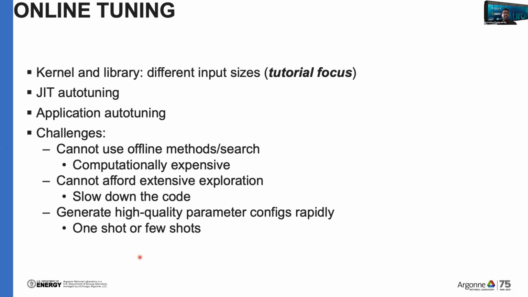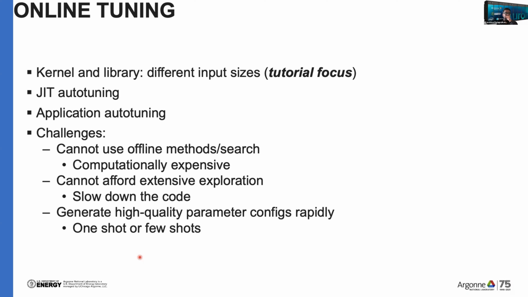We cannot just take the offline tuning and apply it to online tuning and be done with it. That's why with ytopt, we have been developing modules for online tuning, and that is the focus of the tutorial. In particular, we will be focusing in this tutorial on how to do online tuning for different input sizes.